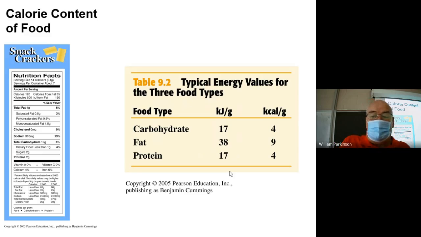So we should look at the final column on the right and not think of that in terms of kcal, but of food cal. So for every gram of carbohydrate in your food, it has 4 food calories. For every gram of fat in your food, there are 9 food calories. For every gram of protein in the food you're eating, there are 4 food calories.